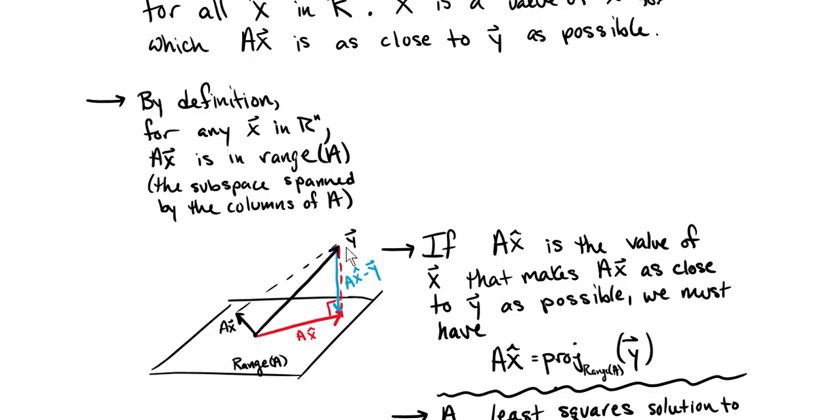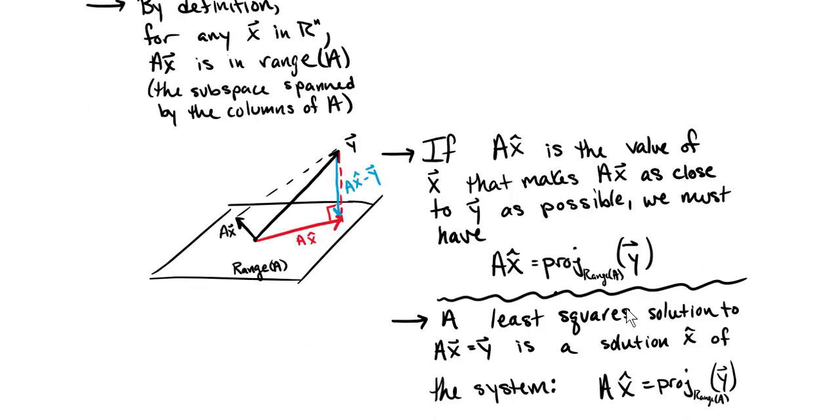We've seen that given a vector outside a subspace, the closest thing in that subspace to the vector is the projection of the vector onto the subspace. So really, if we've got the right vector here in red, that AX hat, that should be the least squares solution. AX hat should equal the projection of Y down into the range of A.